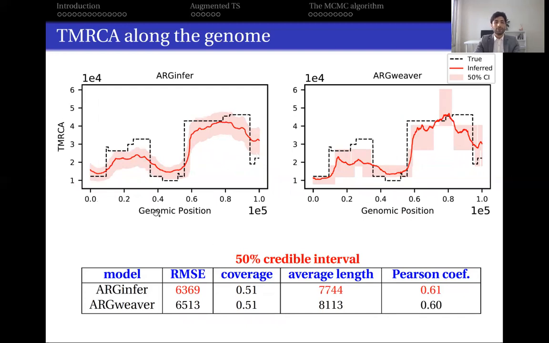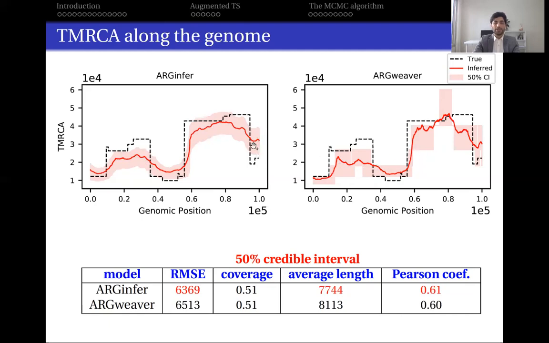Again, one dataset is randomly chosen. Here, the x-axis is the genomic position, and the y-axis is the TMRCA. Both models could find the pattern of the true value very nicely, we can see.